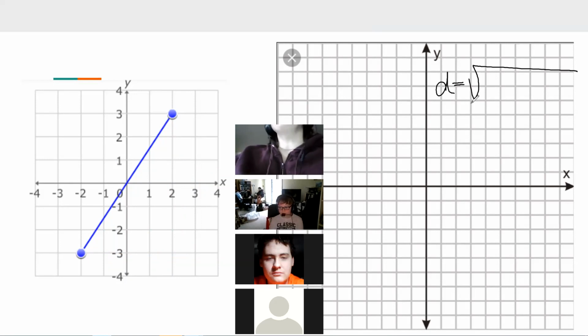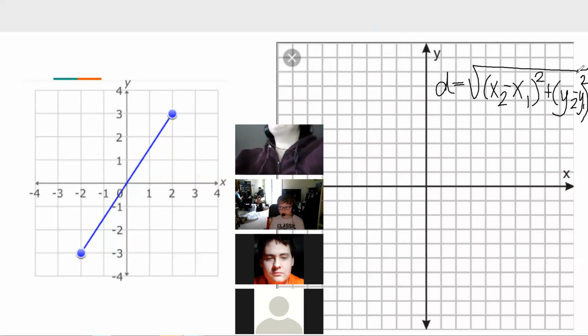The distance formula tells us to take the second x value and subtract the first x value and square it. And then we add it to the y values subtracted. Guys, make sure that you watch this. This does show up in geometry and linear algebra and all that good stuff.